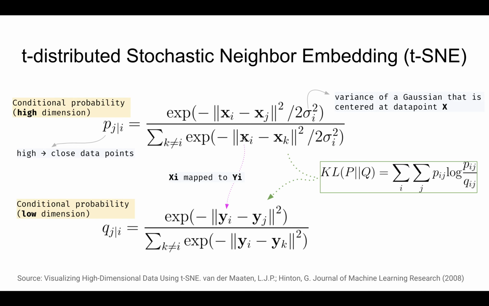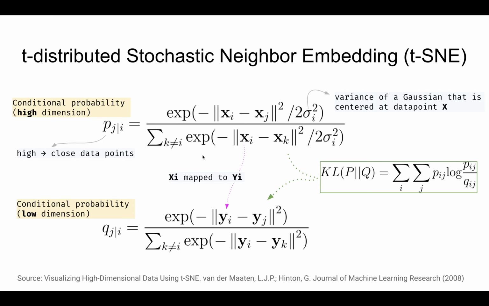And a point to note here is that the x i from high dimensional space is mapped to y i in the low dimensional space, and in the mathematical calculations in each of those iterations to find out if the p value is close enough to q, there is another relation that is shown here, which is the Kullback-Leibler relation, that is used to identify when to stop the iterations so that we know that these values are close together.